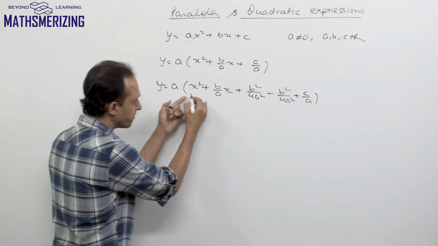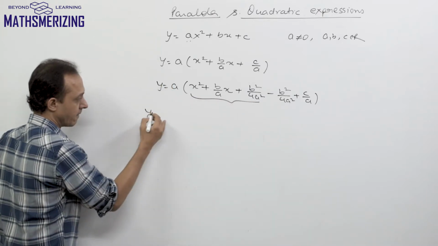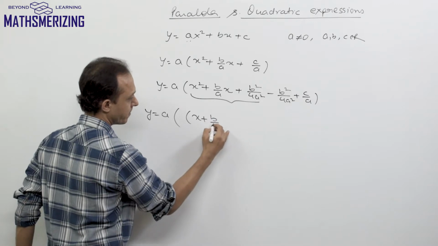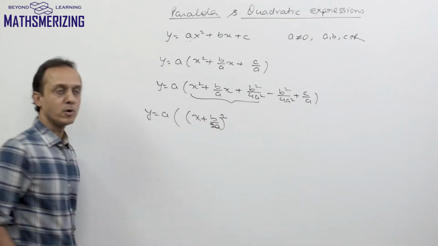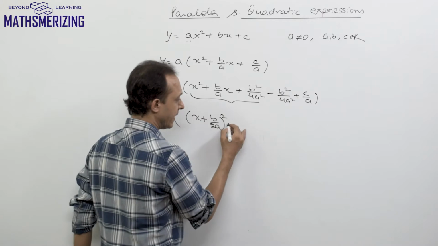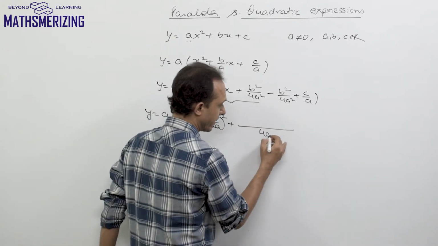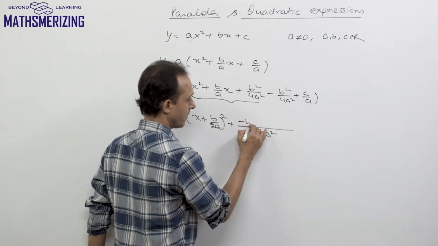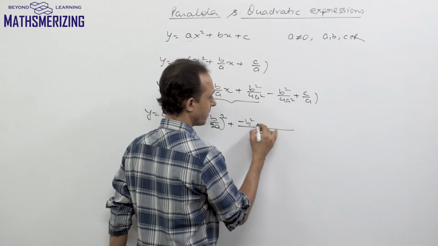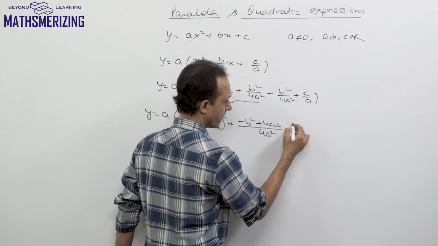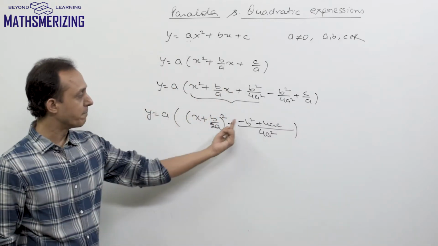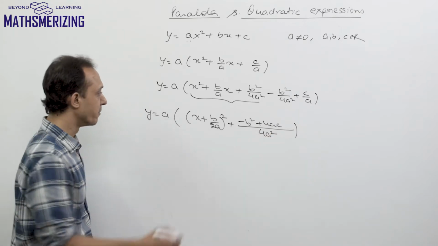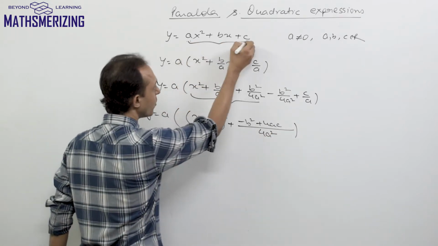So if I complete this perfect square, I'll write it as y equals a and it will be x plus b upon 2a whole square, and here if I take 4a square as LCM, then I get minus b square plus 4ac, and if I take minus common, it will be b square minus 4ac, which is nothing but the discriminant of this quadratic expression.